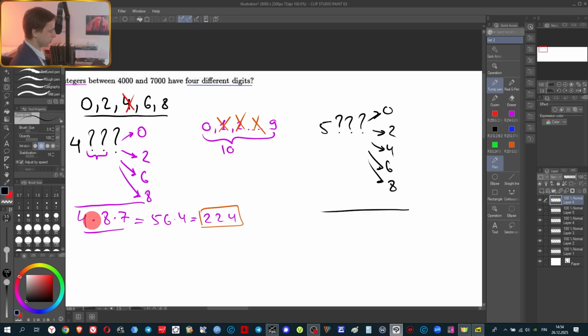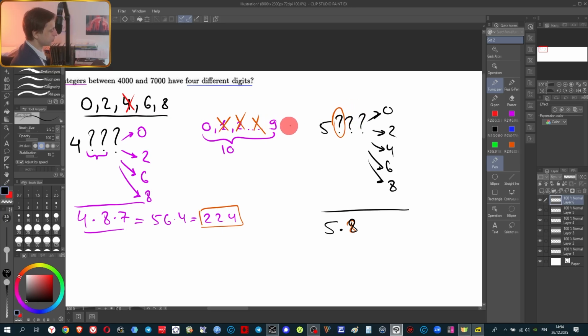So we do the same mathematics here. 5 options to choose the last digit. Well, how many options do we have now to choose this second digit? Again, we have 10 digits, and 2 of them are already taken. 5 is taken and the last is taken. How many options are left? We have 8, and for the digit that is in the third position, we also can take any digit.